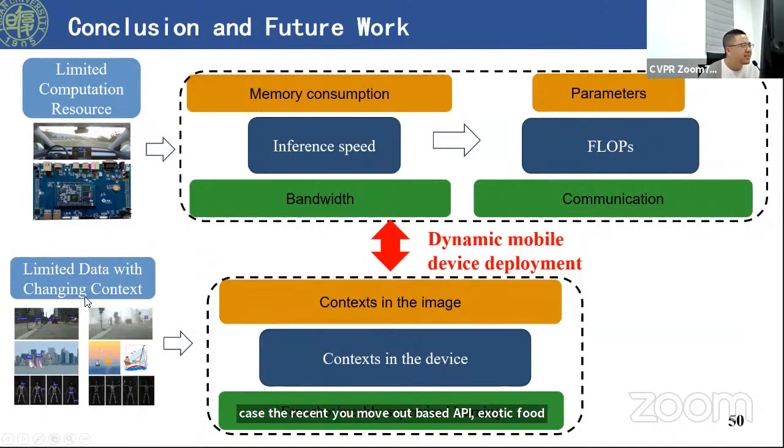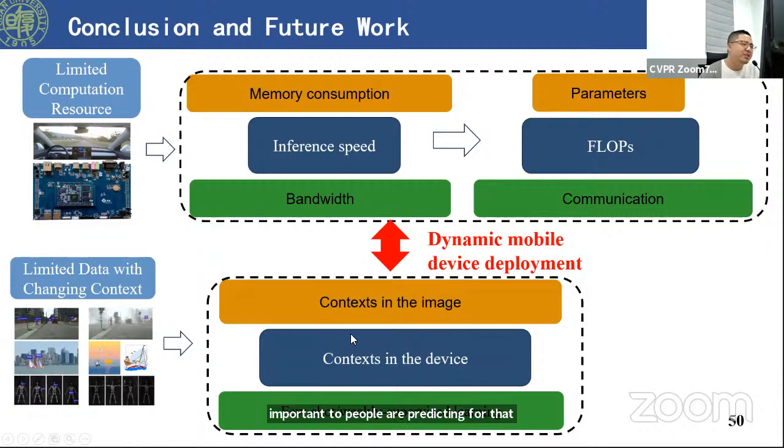So for the second challenge, limited data with changing context, we need to consider different contextual information. The first contextual information is in the image. For example, we need to consider the target objects and the surrounding pixels or surrounding objects around the target objects. This surrounding context is useful and important to give a prediction for the target object.